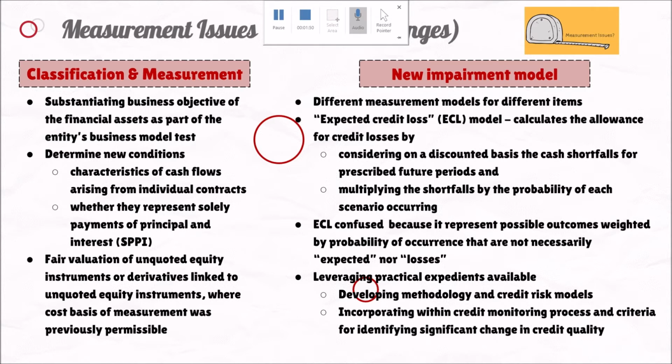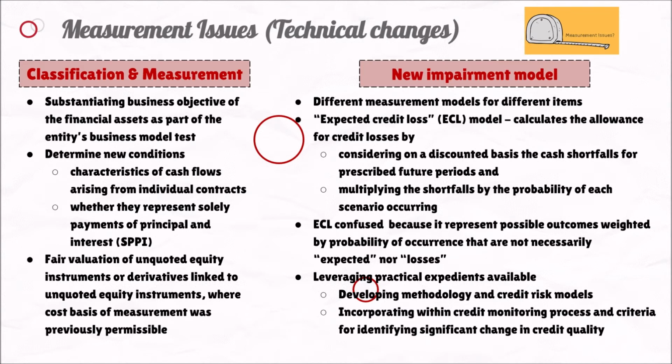For example, the expected credit loss, ECL, model is implemented in order to calculate the allowance for credit losses by considering on a discounted basis the cash shortfalls for prescribed future periods and multiplying the shortfalls by the probabilities of each scenario occurring. And in this case, ECL is confusing because it represents possible outcomes weighted by probabilities of occurrence that are not necessarily expected nor lost.